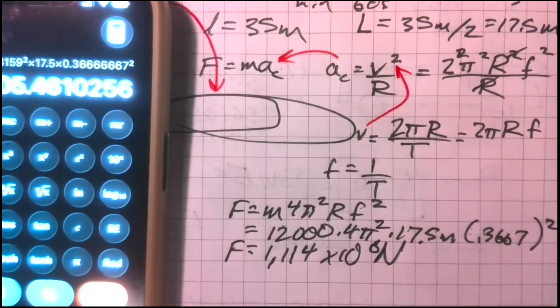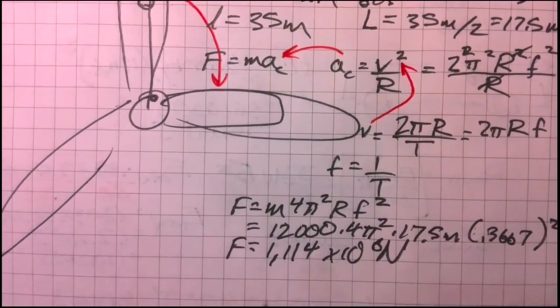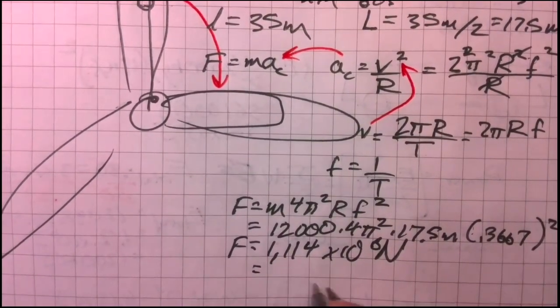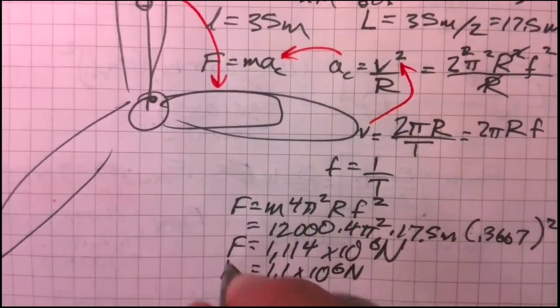Let's put that in real quick and see what we get. 1 times 10 to the 6 newtons, and that is the correct answer. So the answer is 1.14, or what I entered was 1.1 times 10 to the 6 newtons.